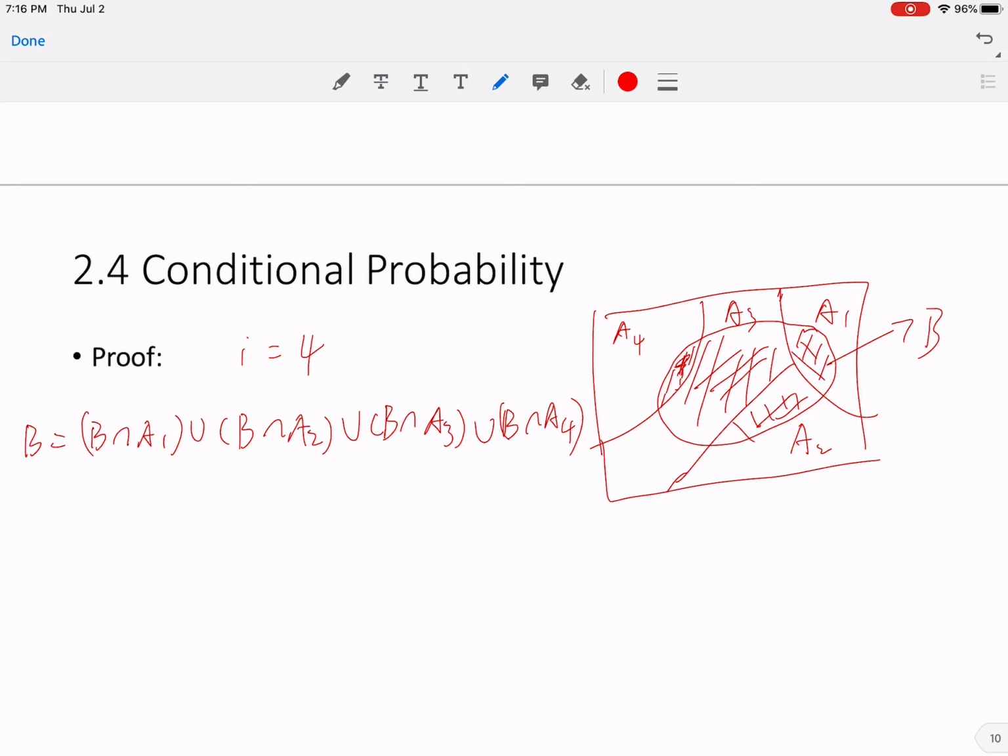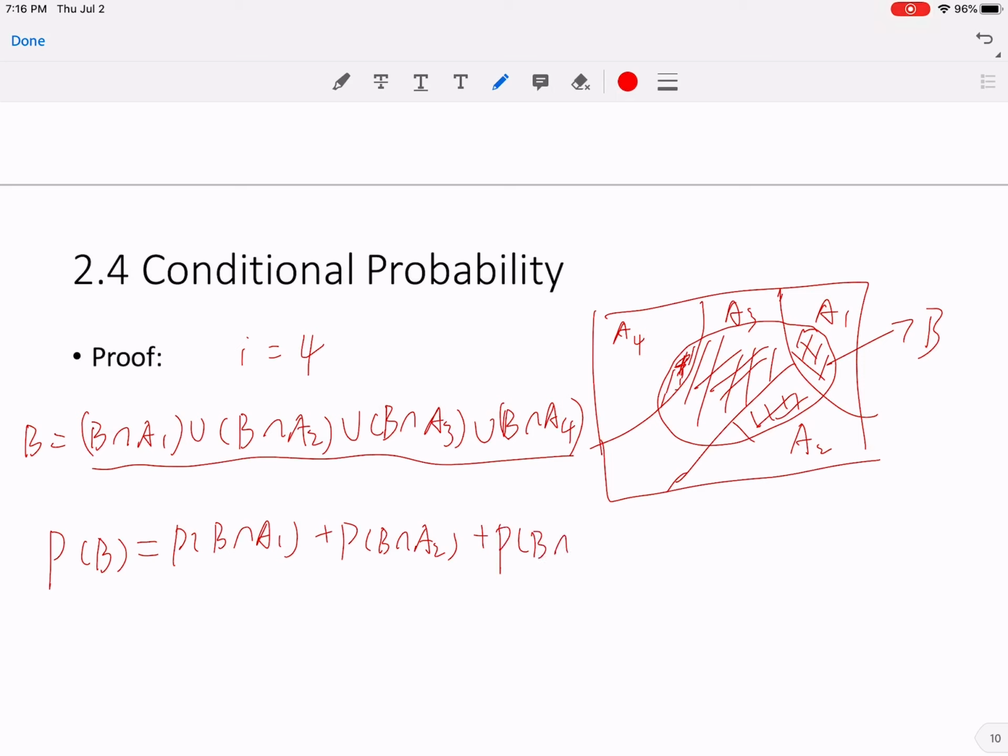And then the probability of B is equal to the probability of this whole thing. And we know that all those 4 parts are mutually exclusive. Then the probability of B is going to be equal to the probability of B intersection A1 plus the probability of B intersection A2 plus the probability of B intersection A3 plus the probability of B intersection A4.